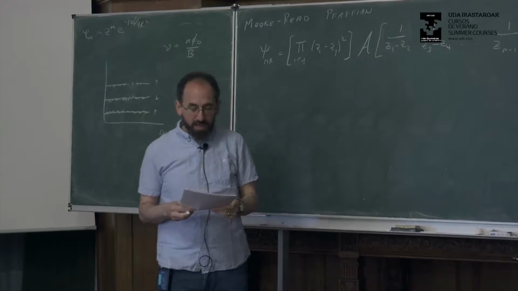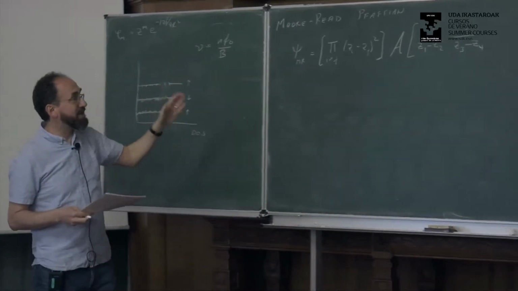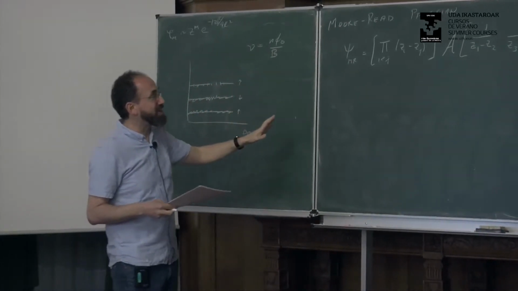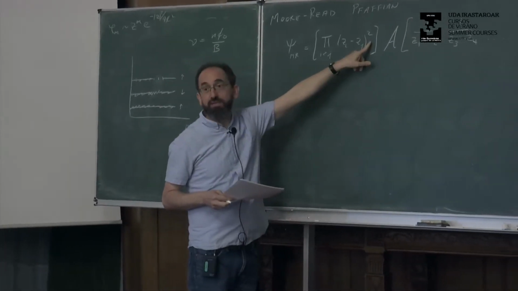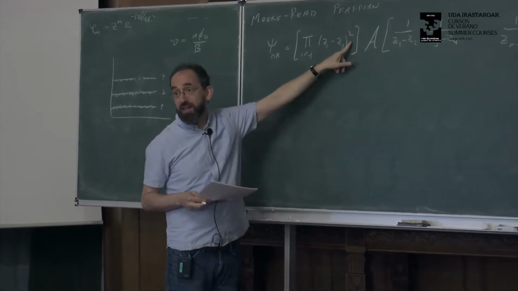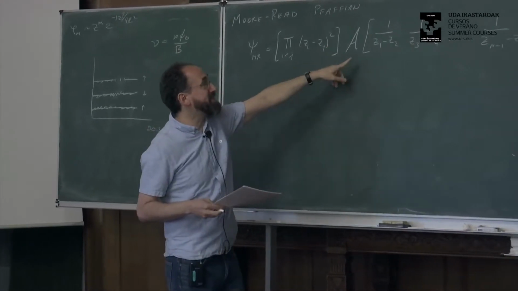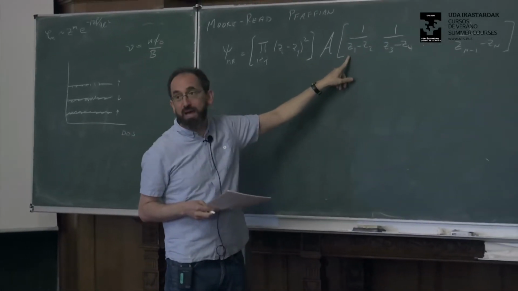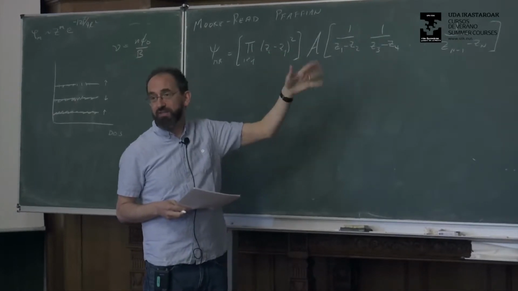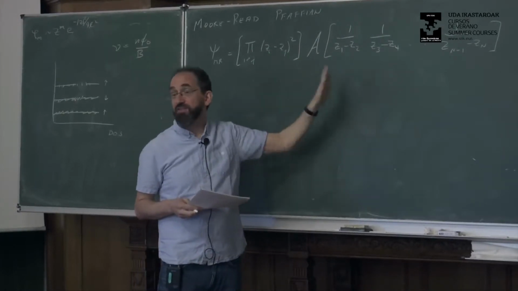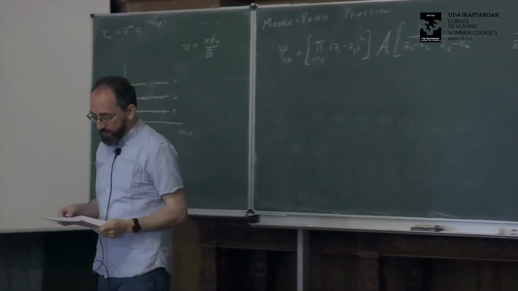So it's all very well defined. The other thing is we have to look at the filling fraction. If we only had this term, it would be filling fraction 1/2, just like a Laughlin state. And this thing only changes the total number of powers of z by 1, so it doesn't change the filling fraction for large n. So this is still a nu equals 1/2 wave function.